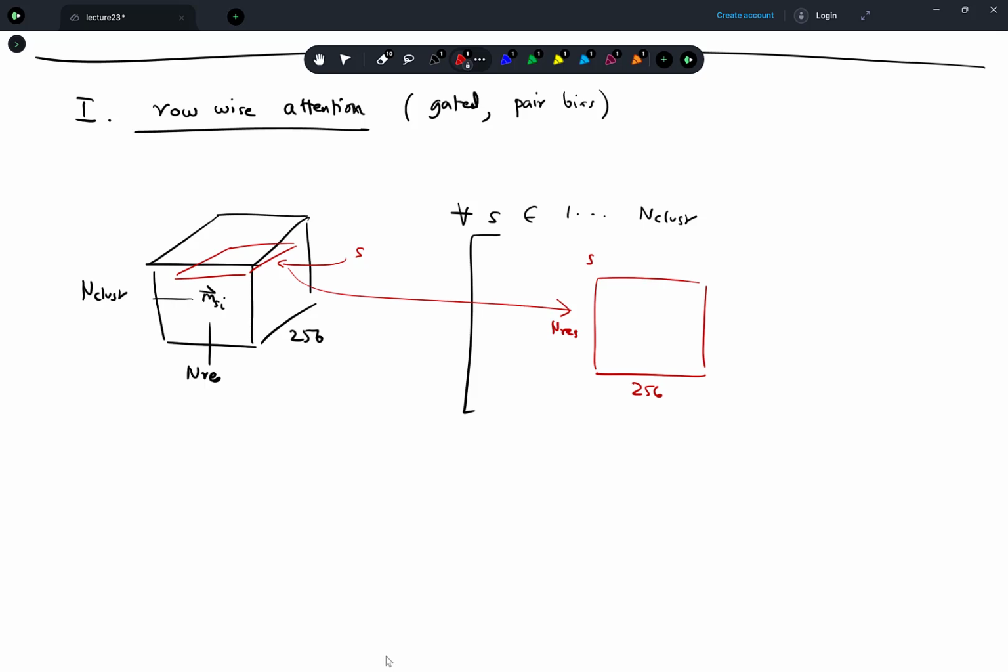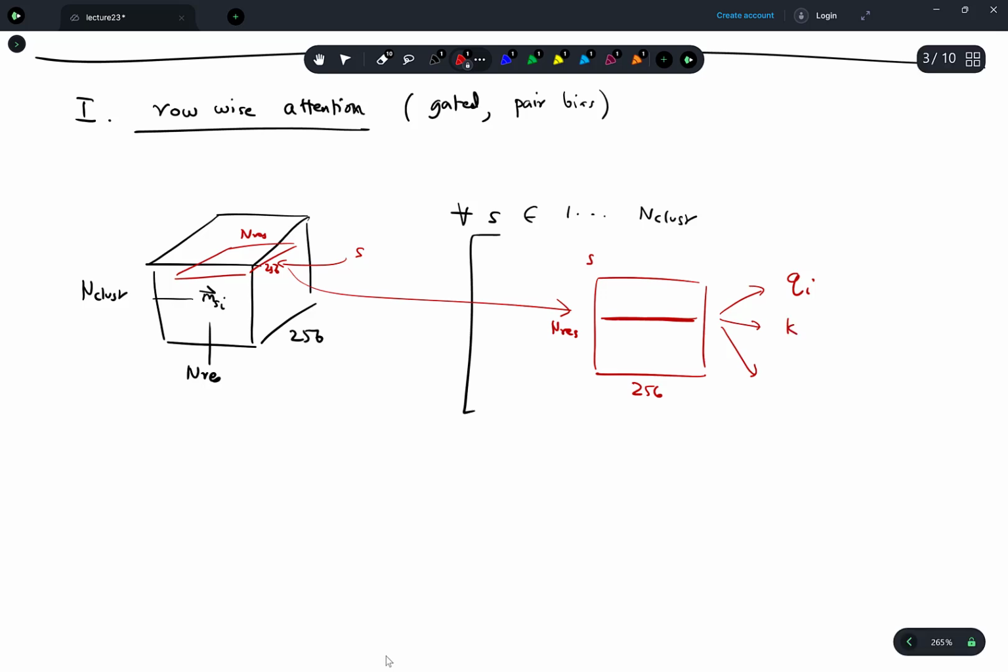So I took that, which is this nres by 256, and I'm just drawing it out this way. So one slice of that. So we do the basic attention. Pick a row from here and basically create three projections: the query i, the key i, and the value i.